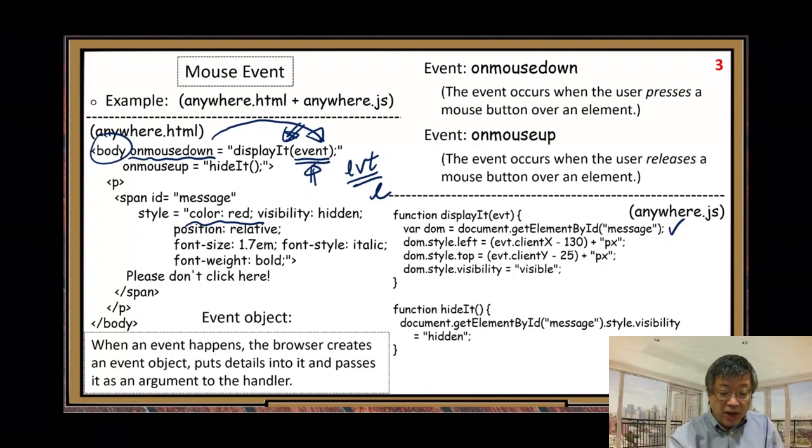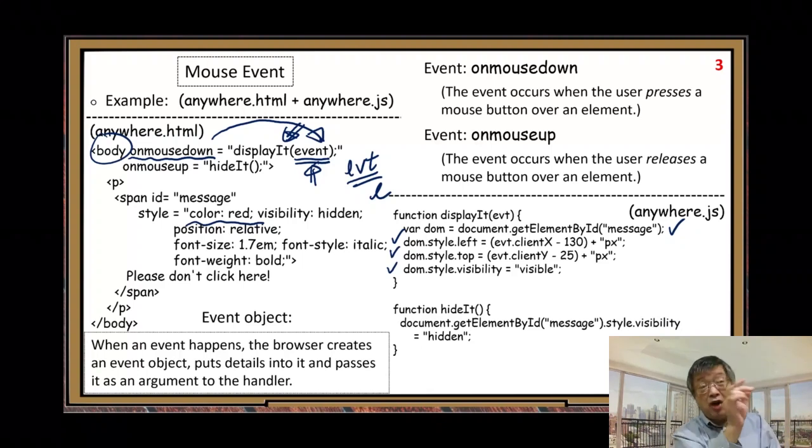So you can display this element, and when you display it, you can modify the style. There are three pieces of style information we modify one by one. The first statement modifies dom.style.left, the location to the left.